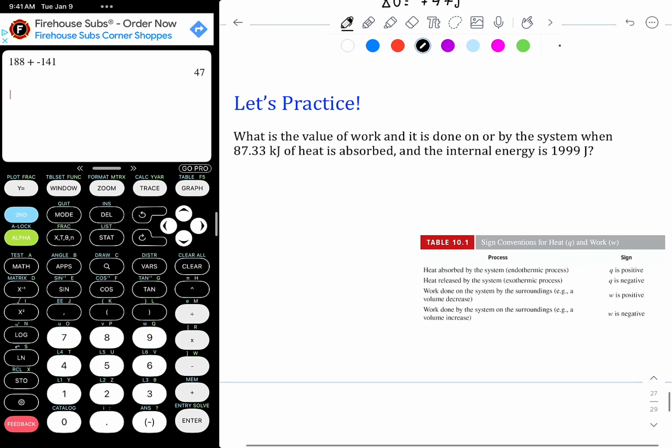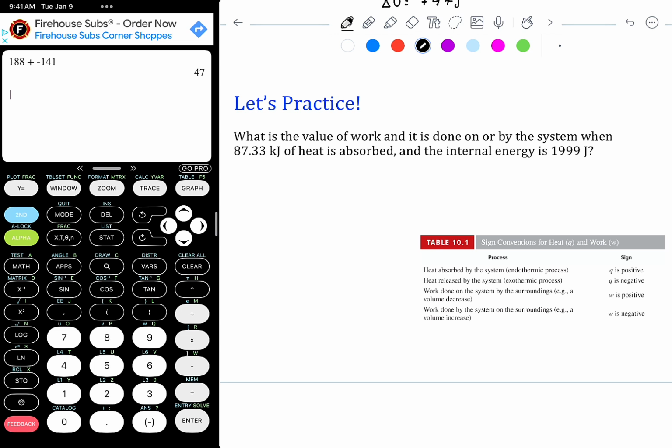What is the value of work, and is it done on the system or by the system when 87.33 kilojoules of heat is absorbed and the internal energy is 1,999 joules? So think about this problem. What's the first thing you should do before you even look at the language?